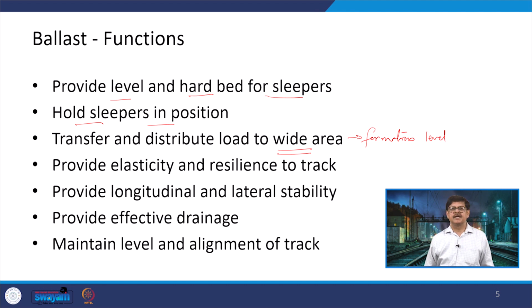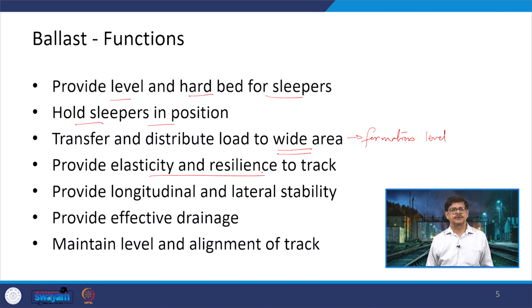Then it provides the elasticity and resilience to the track. The loads can come, there can be readjustment of the particles, and if the load goes, then it comes back or it remains in that position. So, some resilience has to be there. It should not be a very rigid structure, so that as soon as the load increases, it goes into a distressed condition. So, that is also an important aspect.